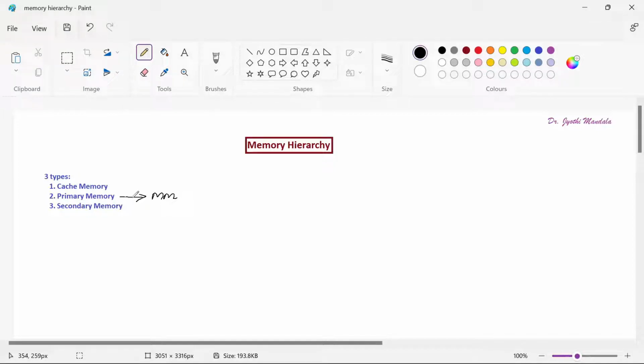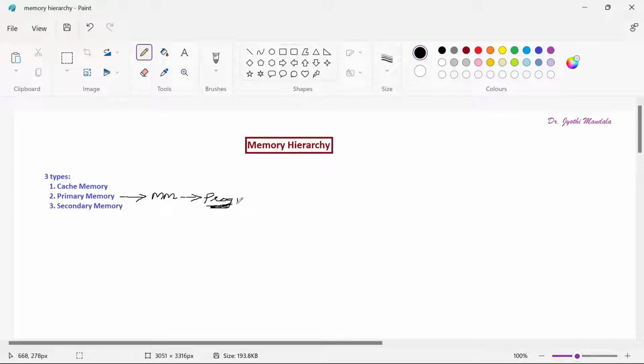Now what is the use of this one? This main memory holds a particular data, that data where the CPU can access the data from here. So whenever you are executing, let us consider program 1, your CPU is executing program 1. That program 1 should be available in the main memory, which is called as primary memory. Until and unless it is available here, the CPU cannot execute that program.